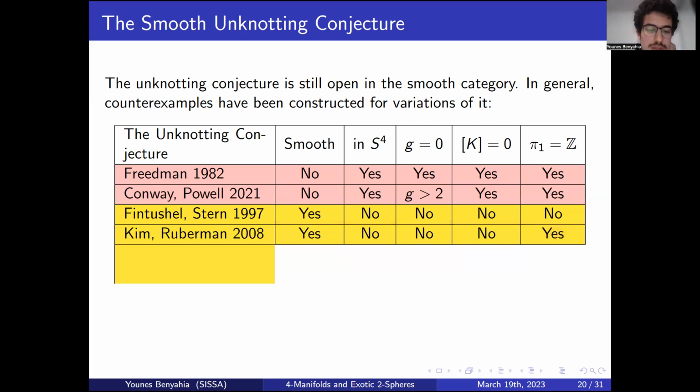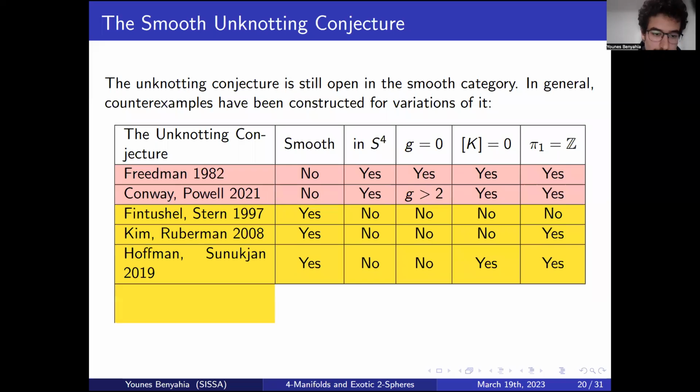And then in 2008, Kim and Ruberman proved it with the extra condition that pi_1 is Z, to approach the smooth unknotted conjecture. In 2019, Hoffman and Sunukjian proved it also for null homologous surfaces. They proved it for tori, I think, so the genus was still higher than 0. They constructed these exotic tori.